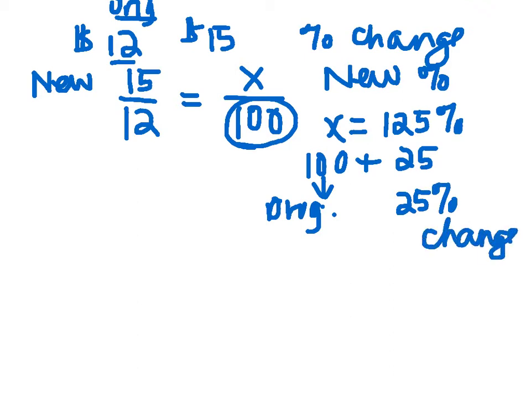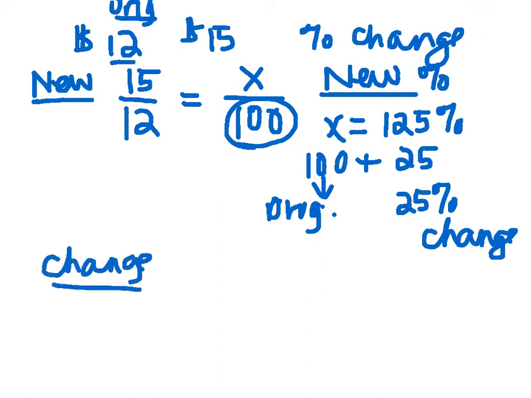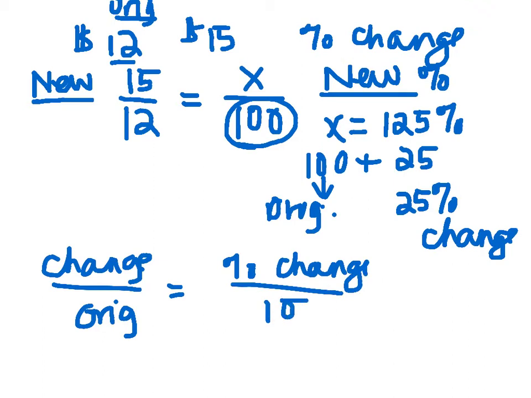So as you're doing problems like this, I implore you to please make sure that if you've got the new amount over the original, understand that goes with the new percent, and you have to realize what you're looking at. Whereas if you have change over original, you will get the percent change over 100. So change goes with change, new goes with new.